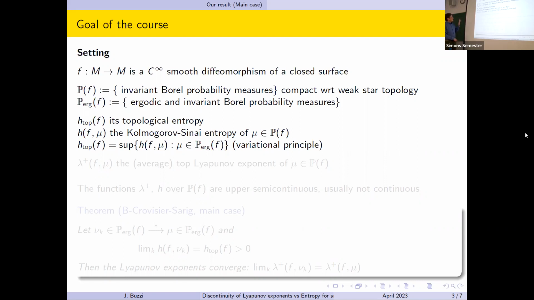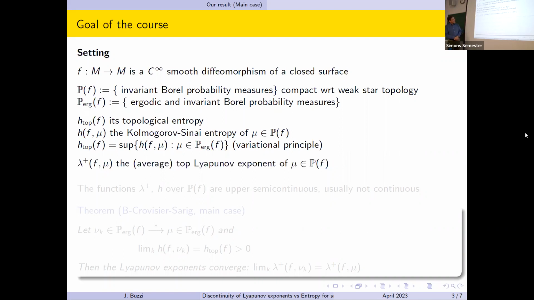And I will also be considering the entropies of measures, so the Kolmogorov-Sinai entropy for any invariant measure. The two are connected by the variational principle, which tells you that the Kolmogorov-Sinai entropy in some sense counts orbits relevant for the given measure. When you take the supremum over all measures or all ergodic measures, you get the same quantity as when you count all the orbits. That's the variational principle written here.